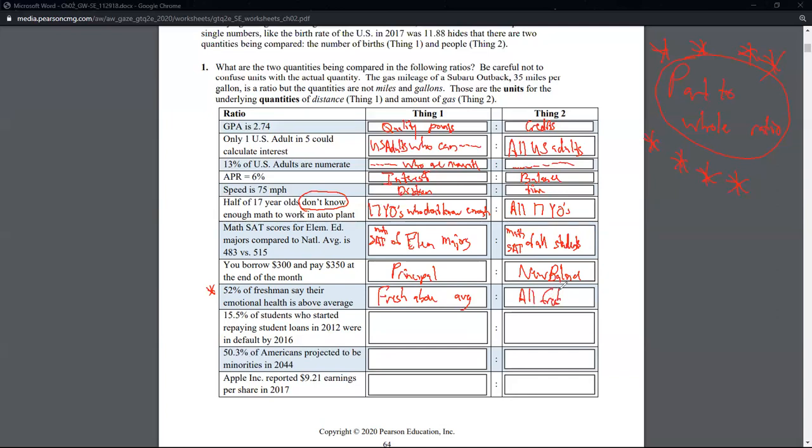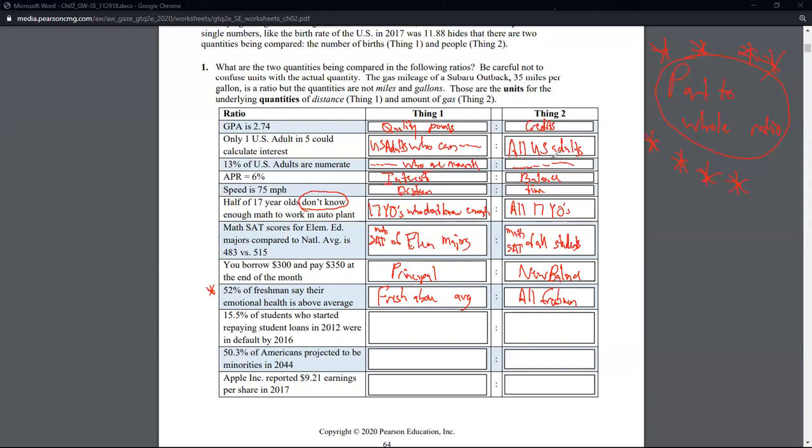You still have to be careful with the total because it's not everyone. I'm not saying all people because we're just talking about freshmen. Two problems ago, we were just talking about students. The problem before that, we were just talking about 17-year-olds. So you have to be careful that when you talk about your quote, all or total population, that you're only talking about the total that you're kind of partitioning.